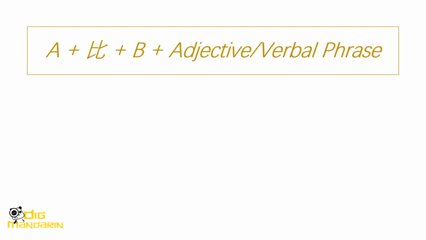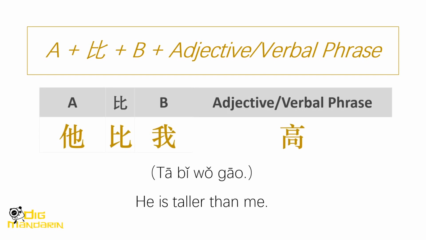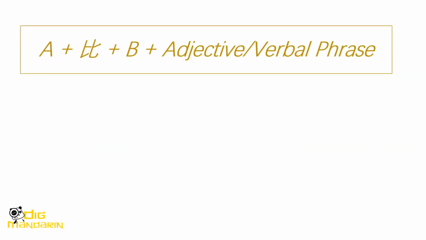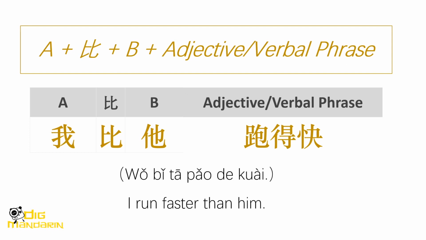So why don't we look at some examples on how we can use them? Example 1. 他比我高 He's taller than me. Example 2. 我比他跑得快 I run faster than him.